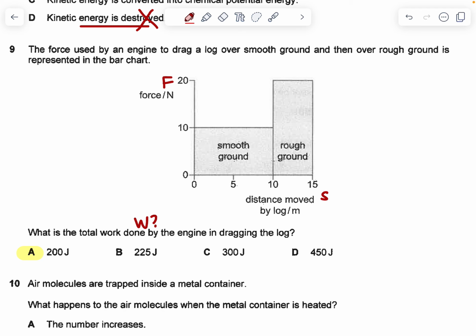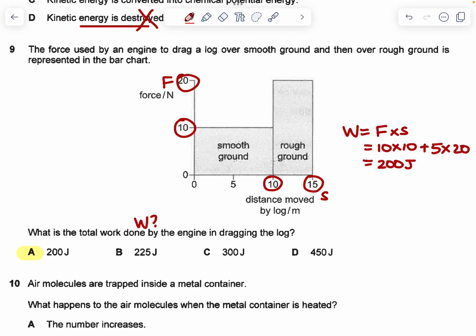You know the formula: work done equals force times displacement equals 10 times 10 plus 15 minus 10 is 5 times 20. Answer 200 joules.